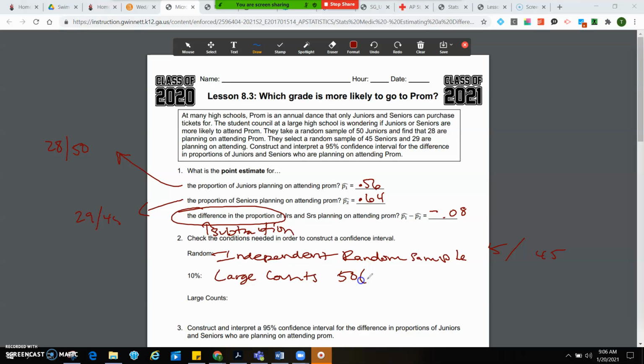So that's going to be 50 times that 0.56, which equals 28, which is bigger than or equal to 10. And then you've also got 45 times that 0.64, which is going to give you 22, which is bigger than 10.